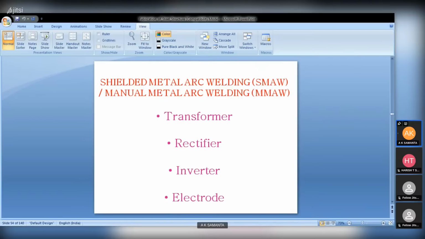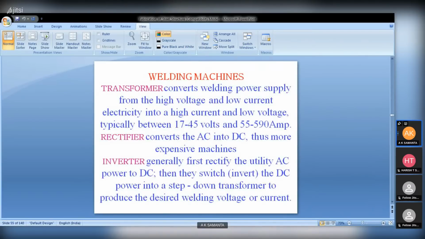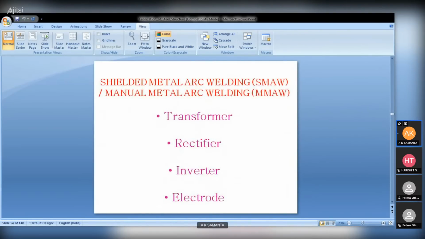And the electrode is another thing. Let us not go into the details of the mechanism, the electricity connection etc. of the 3 types of welding machine. Nowadays I think only the inverter type manual metal arc welding machine is available. Rectifier or transformer are hardly available, and even if available, we should try to avoid them.